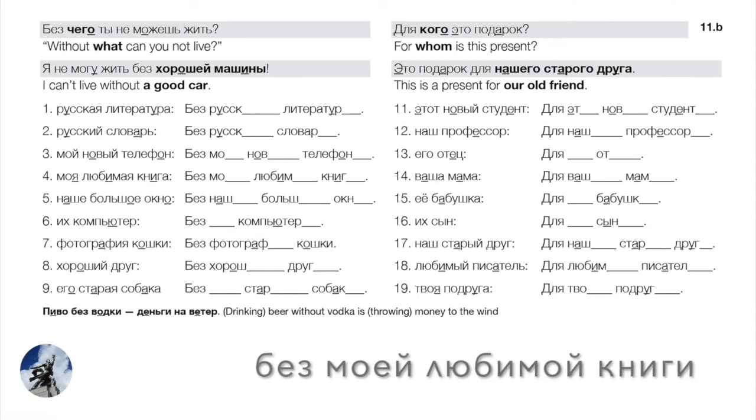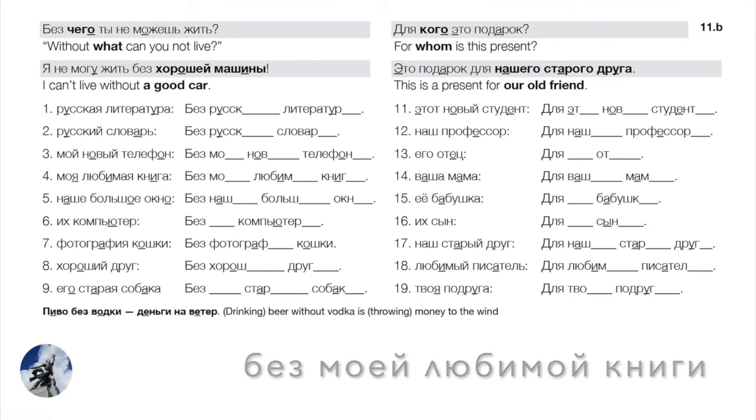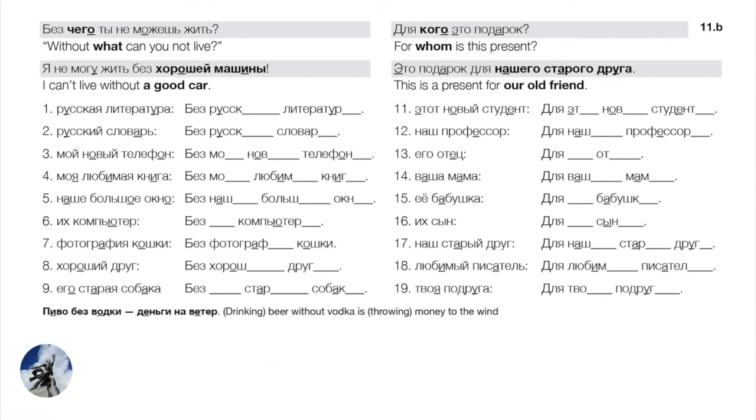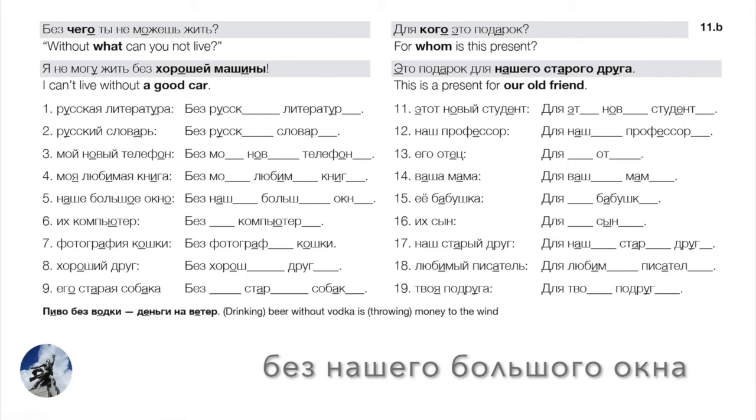Ой, and now книга is a hard feminine, but we can't add ы to it, right? Instead, the seven-letter rule tells us we have to write книги. Number 5, наше большое окно. Я не могу жить без нашего большого окна. There's a neuter. Remember, the neuter endings look just like masculines.